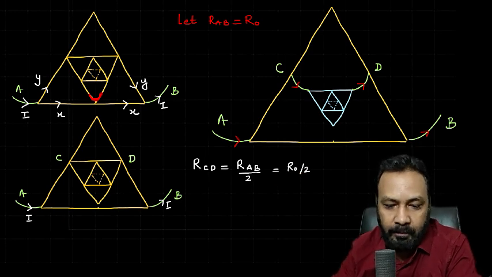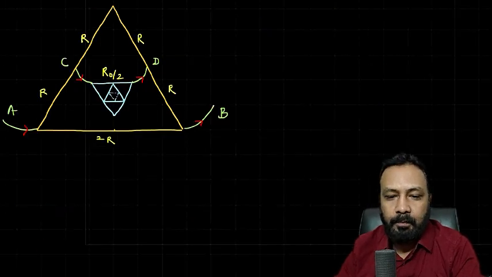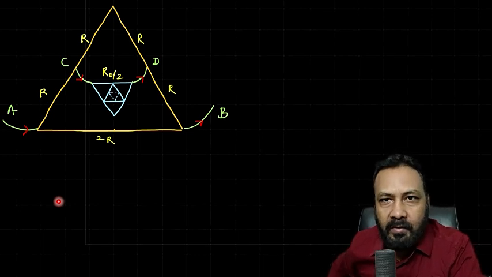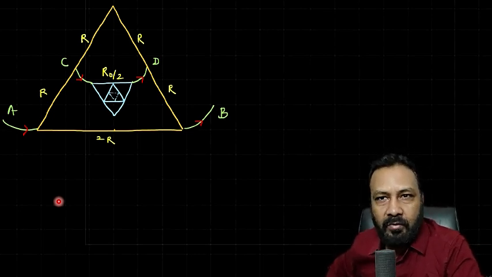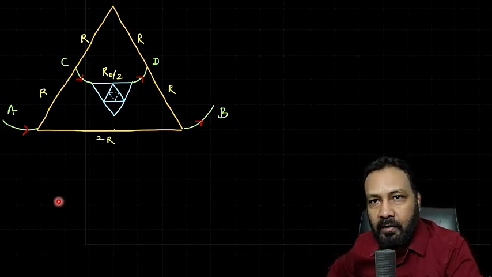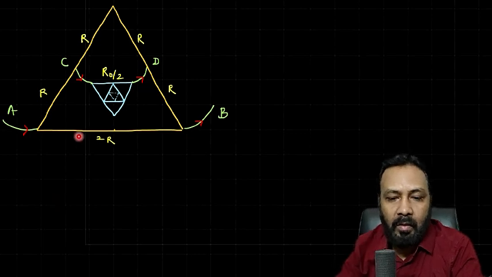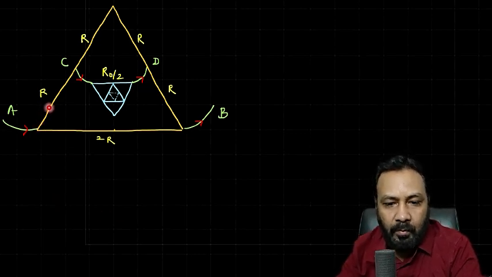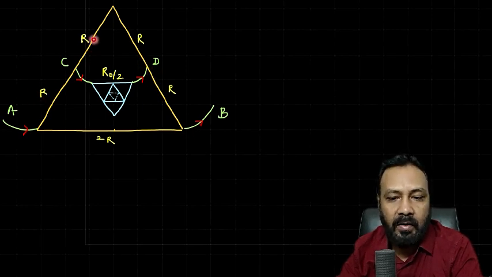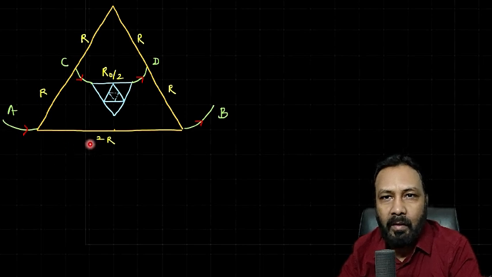Now that is a simple thing. It was given that the resistance of the wire is proportional to its length. Per unit length resistance is rho. Suppose this length, this length, this length, this length, this length are the same, so I assume the resistance of these parts is R, and this is double the length, so that is 2R.